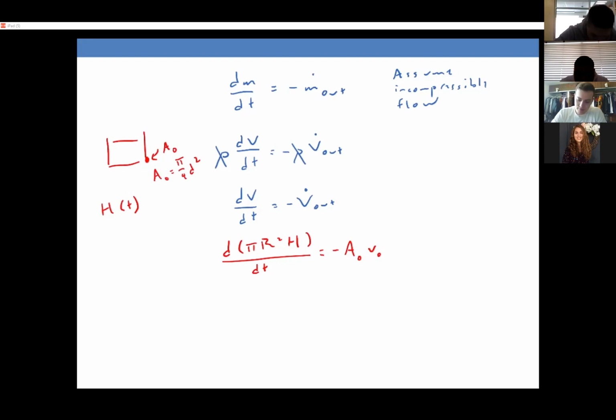We get pi big R squared dH/dt is equal to negative pi over 4 d squared. Just using d here because that's what the problem gave us. It said a hole of diameter d, times that velocity, which the pi's go away.